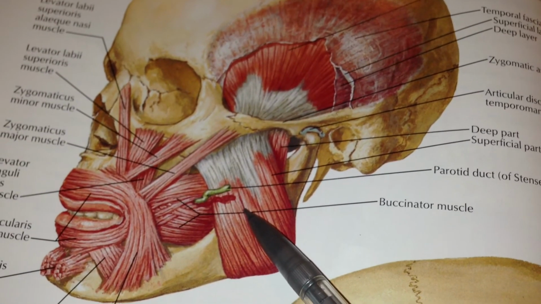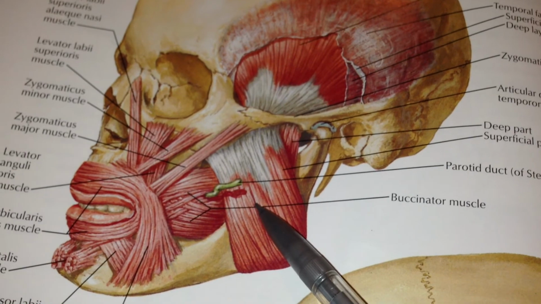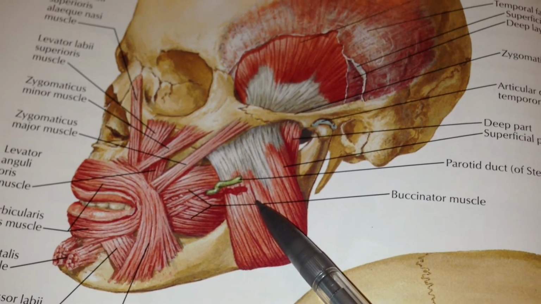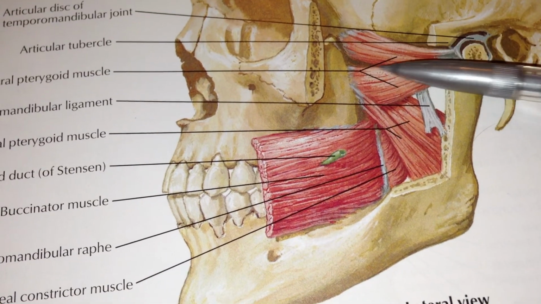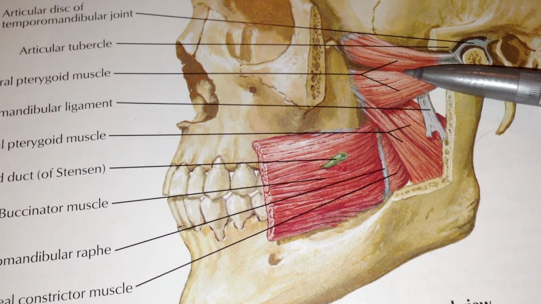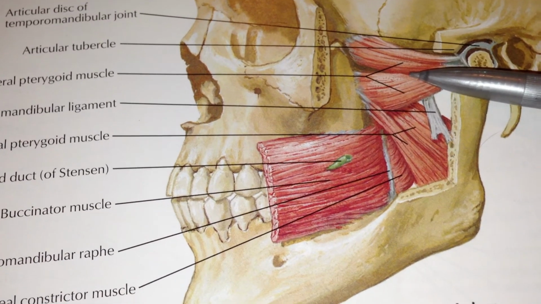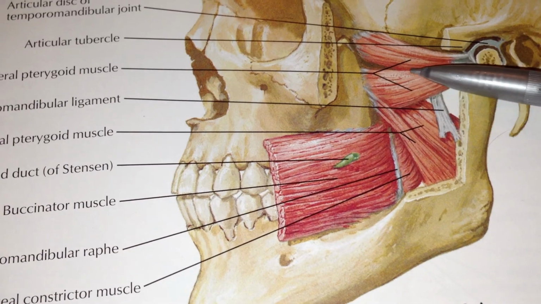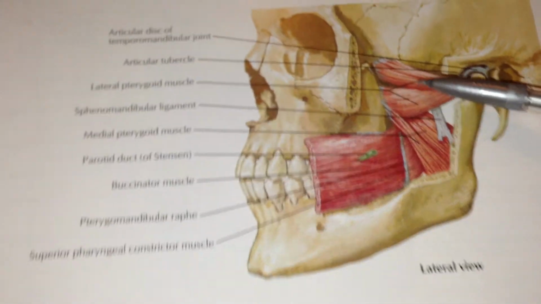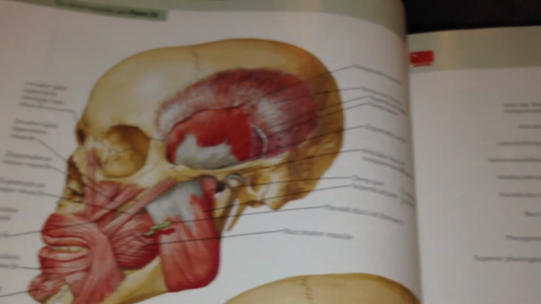The masseter will be innervated by the masseteric nerve from the motor masticatory branch of the mandibular. And your medial and lateral pterygoid will also be innervated by the corresponding branches of the motor masticatory branch of the mandibular nerve of the trigeminal. Okay? And that should sum up the question pretty well.